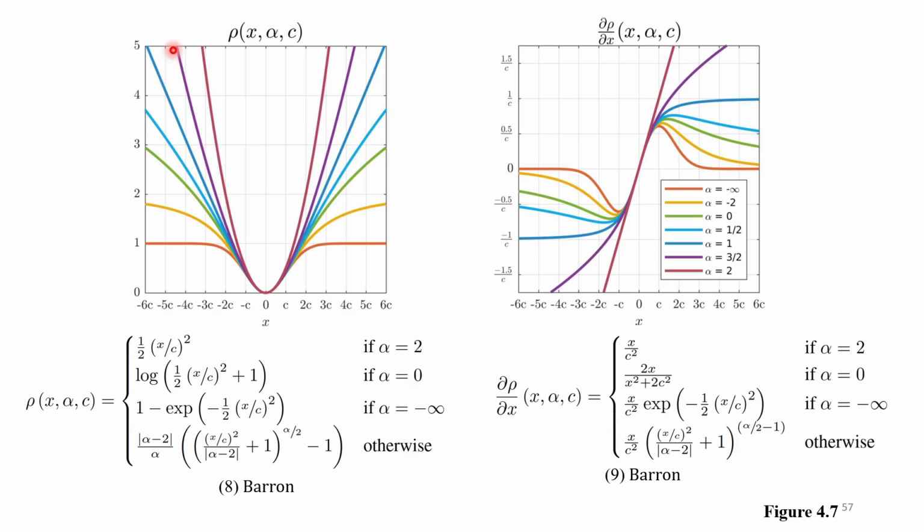So every curve you see here is a kind of loss decided by the value of alpha. And this is the derivative of the loss function with respect to x, because we have this definition and its partial derivative would be of this form. So fine.